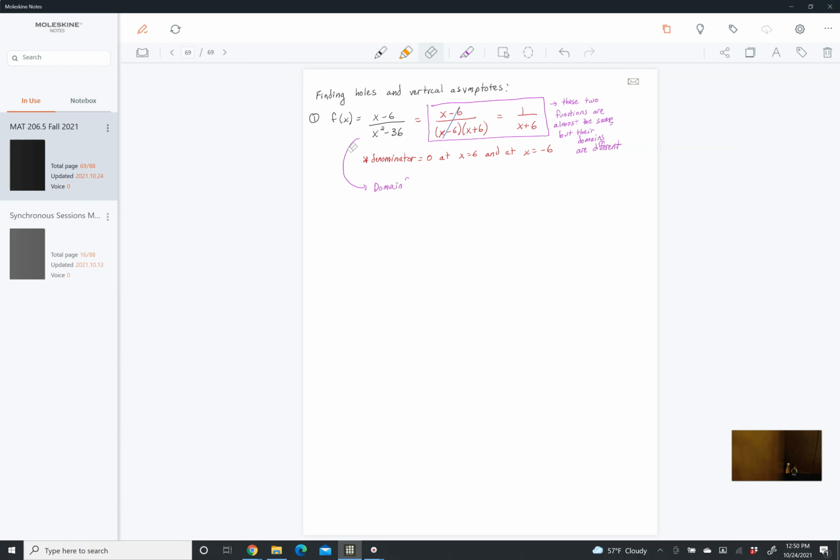The x minus 6 canceled. At x equals negative 6, there is a vertical asymptote.